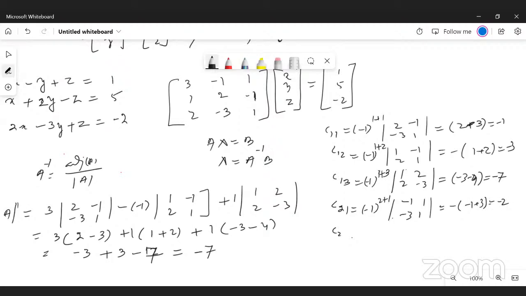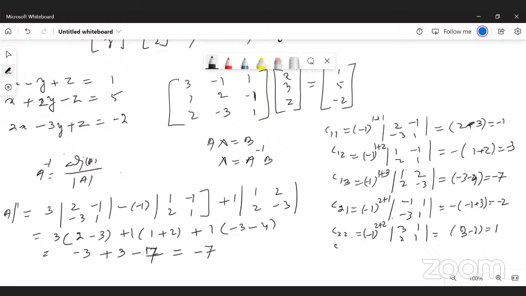Then C22, second row second column: -1 to the power second plus second. So it becomes 3, 1, 2, 1, and the outcome is 4 minus 3 minus 2, which is 1.